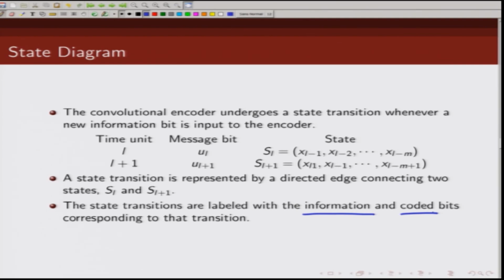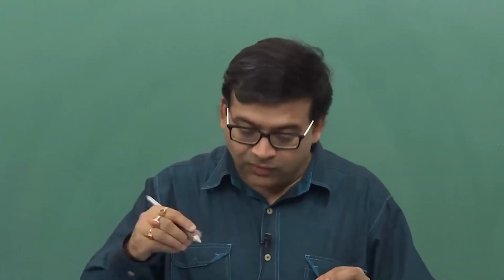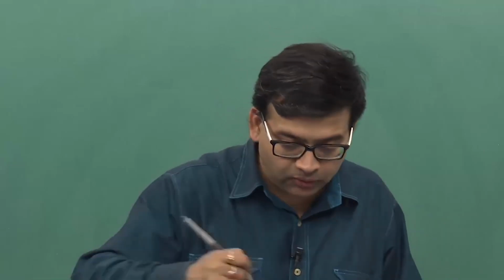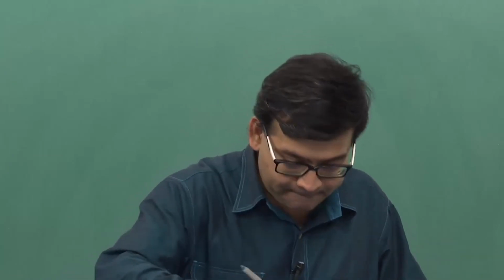So, let us say there is an information bit 0 which causes you to move from state 0 0 to state 0 1, then we will draw a directed edge from state 0 0 to state 0 1, and we will label it by the input which is 0, and we will also write the corresponding output. That is how we will label all these state transitions, and in a state diagram we are essentially enumerating all possible state transitions corresponding to all possible states.